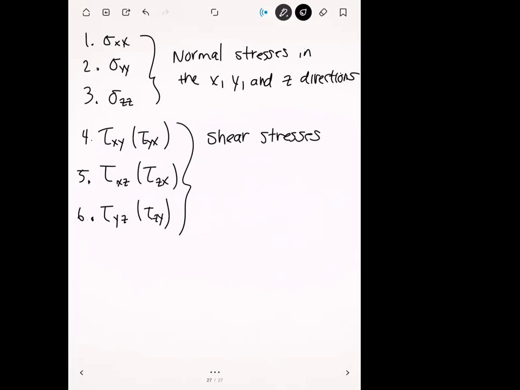The way that you read these off is that you take both letters into consideration. The first letter, or the first direction, will simply tell you which direction the stress vector is pointing.